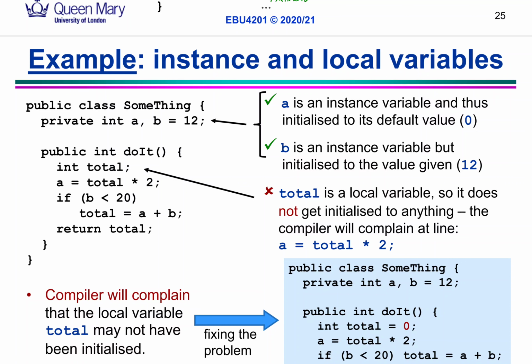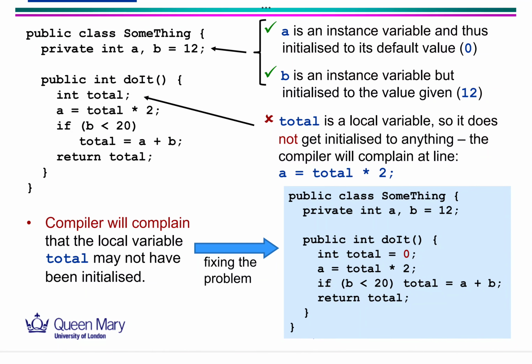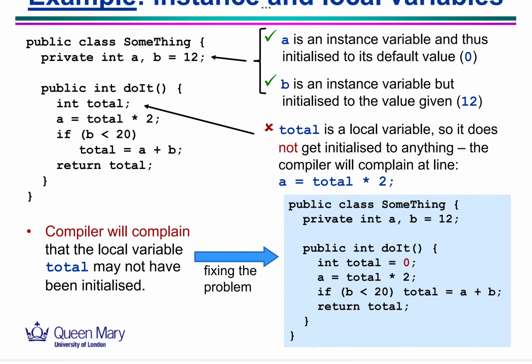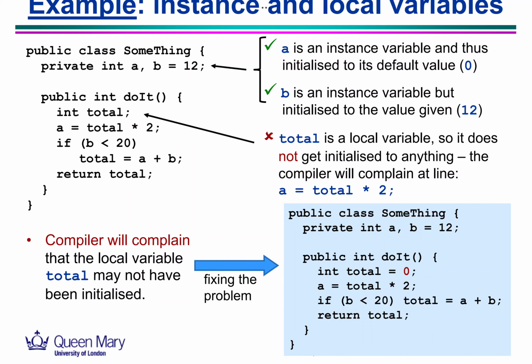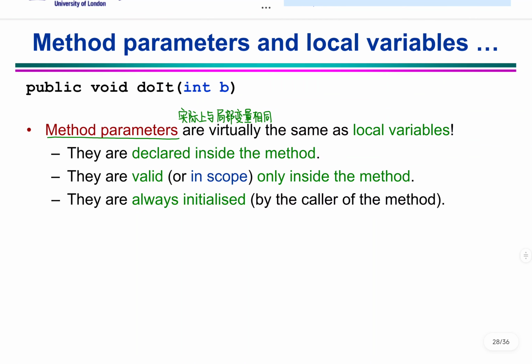Total is a local variable so it must be initialized. Otherwise the compiler will complain that it may not have been initialized. So we must fix that.